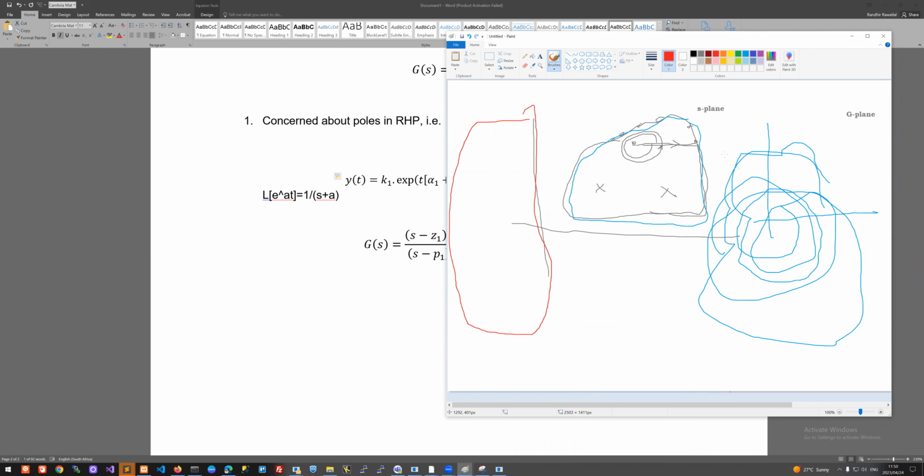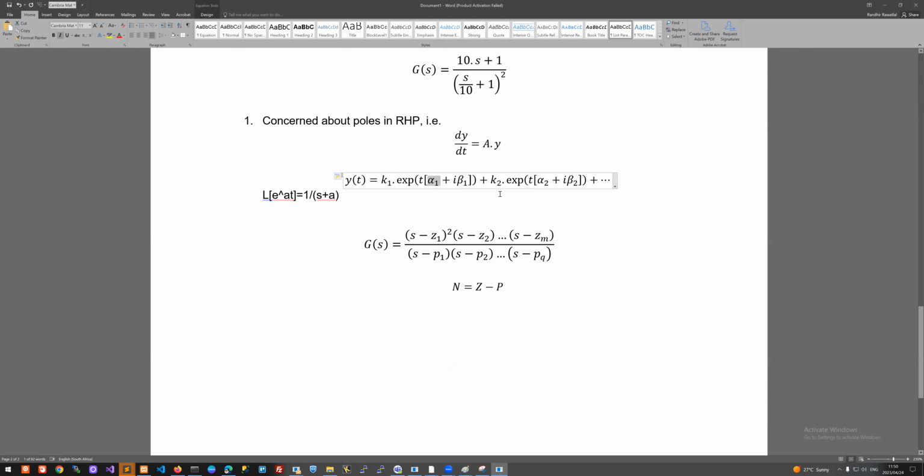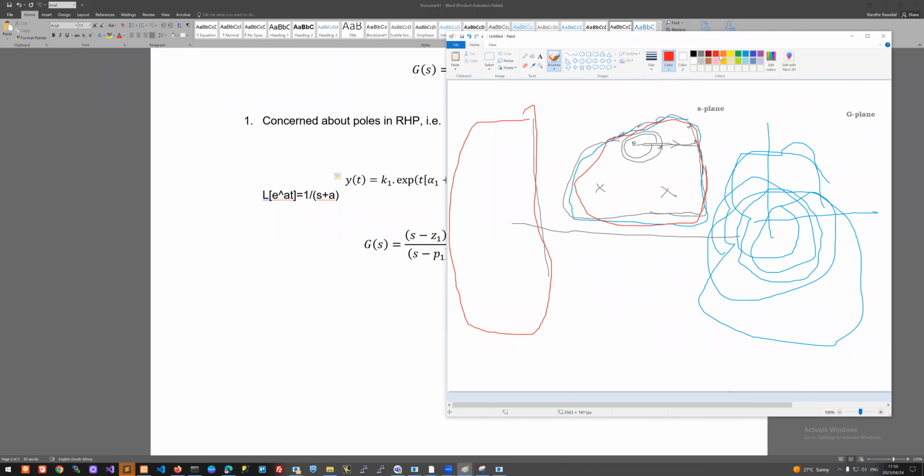Now, when we drew this contour, we said this is an arbitrary contour, and this relationship holds for any arbitrary contour. Now we are going to pick the specific contour which goes around the right-hand plane. What we are really worried about is this entire right-hand plane here.